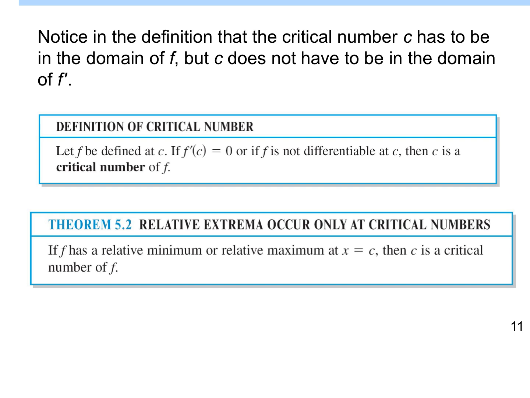So on the next page, it says the same thing. If the derivative equals 0, or if it's not differentiable at that number, so if our derivative does not exist, then that value is a critical number. Relative extrema, so relative max or mins, occur only at critical numbers.